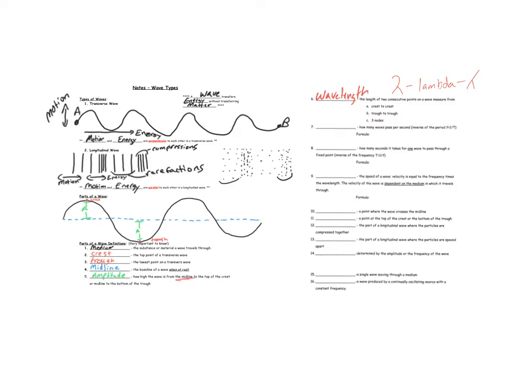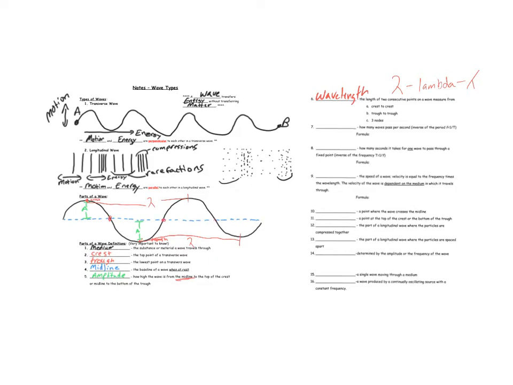And you essentially can measure the wavelength in three different ways. You can go from crest to crest. You can go from trough to trough, or you can go through three nodes. All right, so we're going to talk more about nodes in a second, but the nodes are right here.